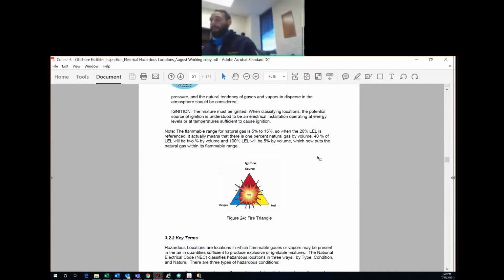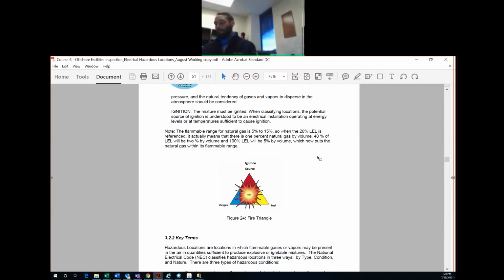And of course, there's always the tetrahedron version, which talks about chemical reactions, which do sometimes apply offshore as well. What is the important takeaway is that the fuel, or in our case, the hazardous gas, needs to be in a concentration which is ignitable. And I keep saying that, ignitable concentrations. But what does that mean?